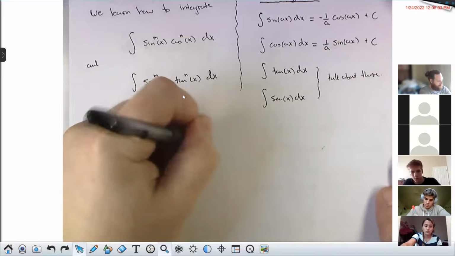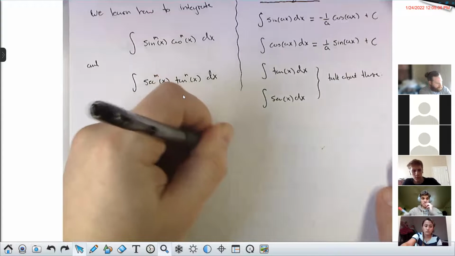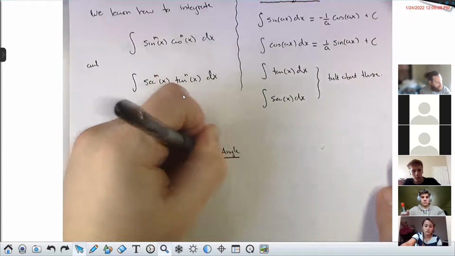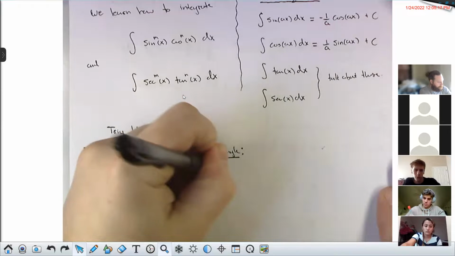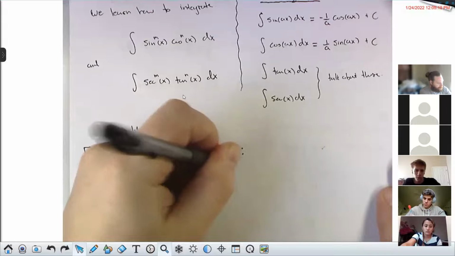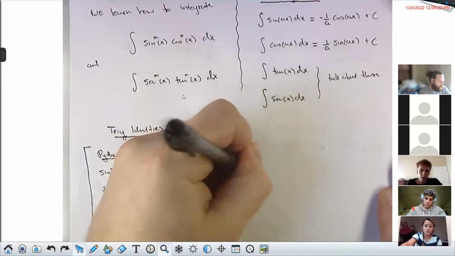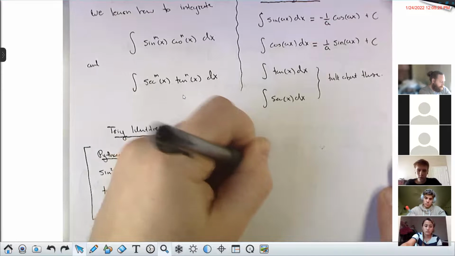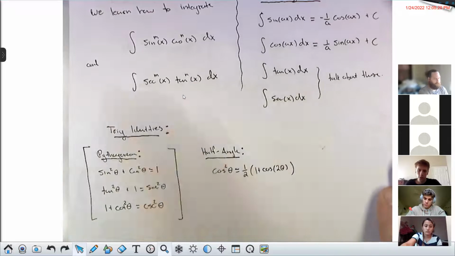The other family of identities we'll use a lot here: half angle identities. There's two of these, and if you remember one, you get the other for free. Cos squared theta can be written as 1/2 times quantity 1 plus cos of 2 theta, like so.